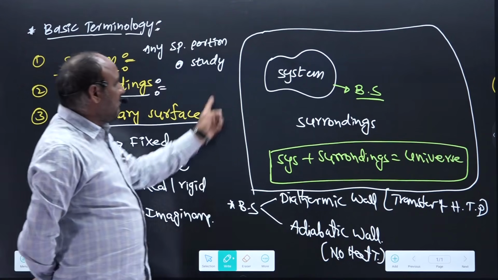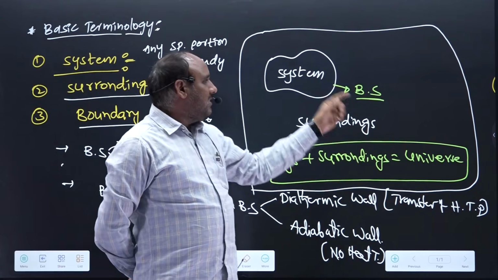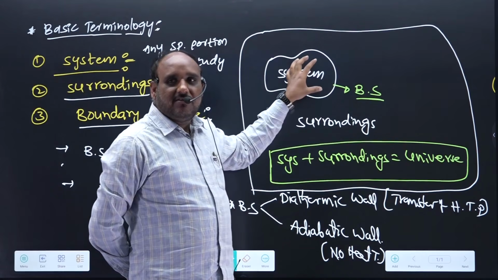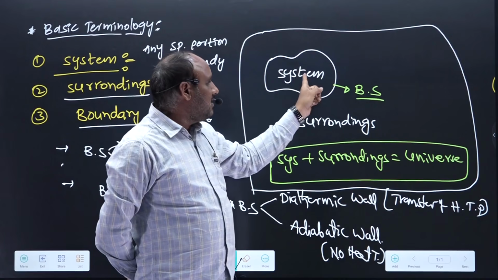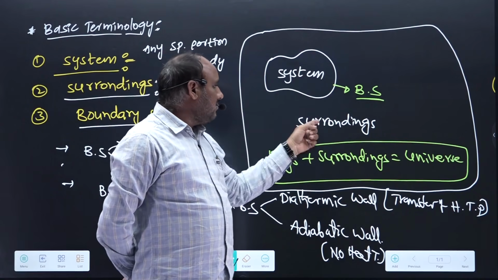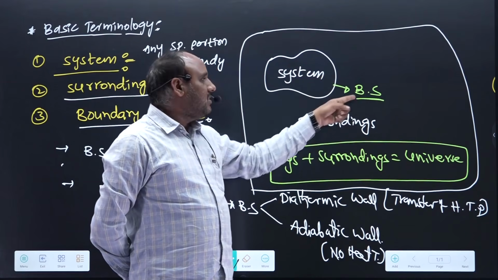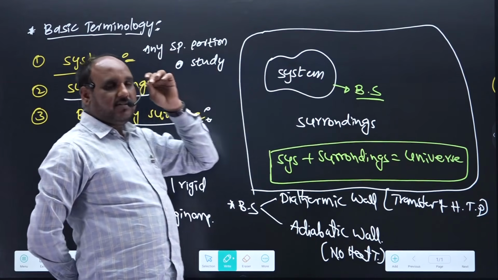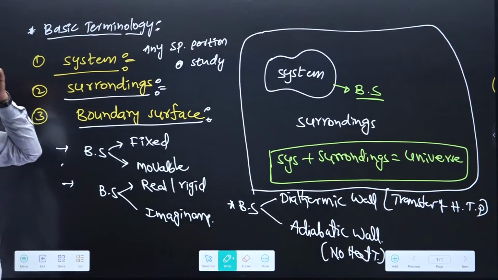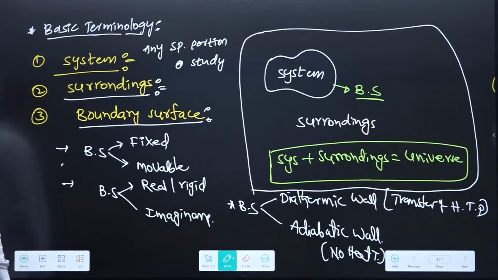This is the box. In this box I have selected only this portion which is under our observation, that is called the system. The rest of the box is called surroundings. The area which divides system and surroundings is known as the boundary surface. System plus surroundings is equal to universe.